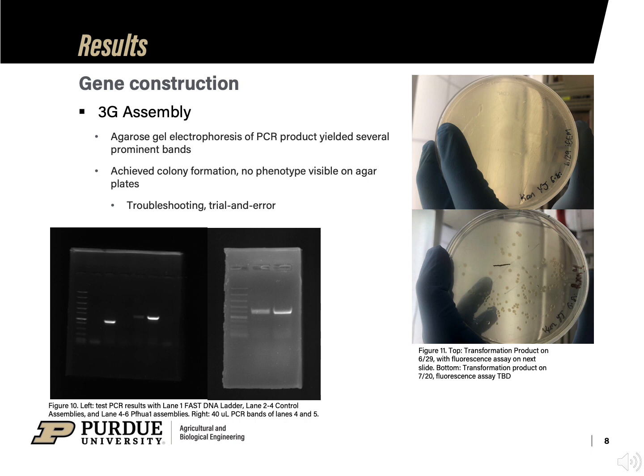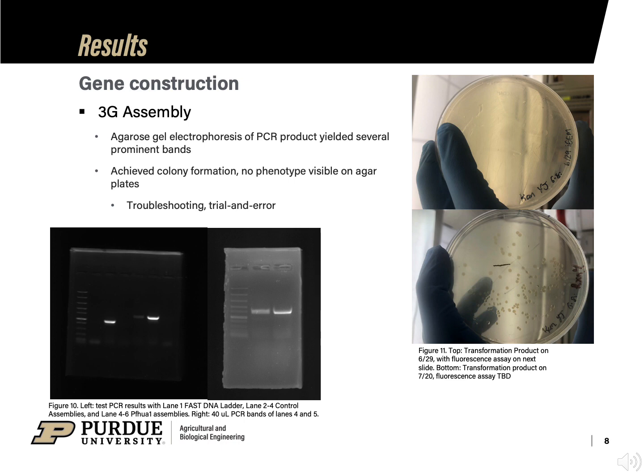These bands were then later gel extracted and transformed into E. coli and plated on these plates as shown in the right. These were two different attempts of transformation of the transcriptional unit of that iron sensing construct.